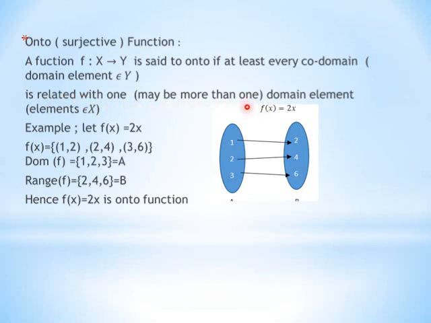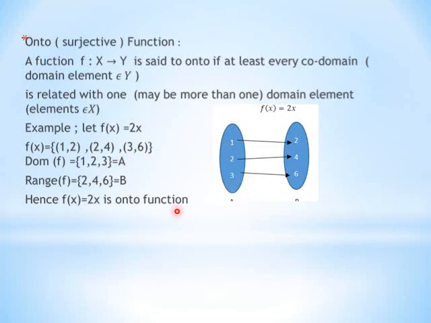Maybe more than one means it can be associated with two members of this as well. For example, 2x: (1, 2), (2, 4) and (3, 6). So 2x is an onto function.